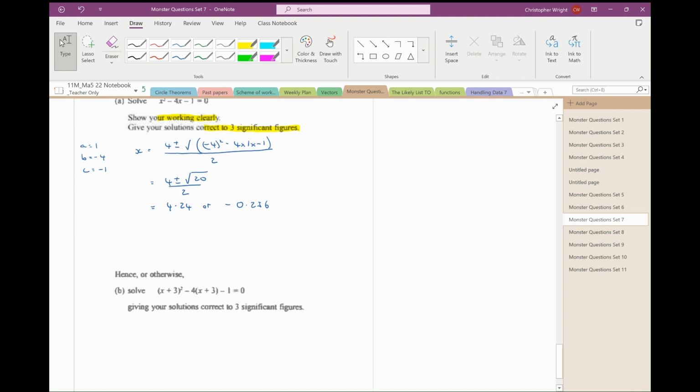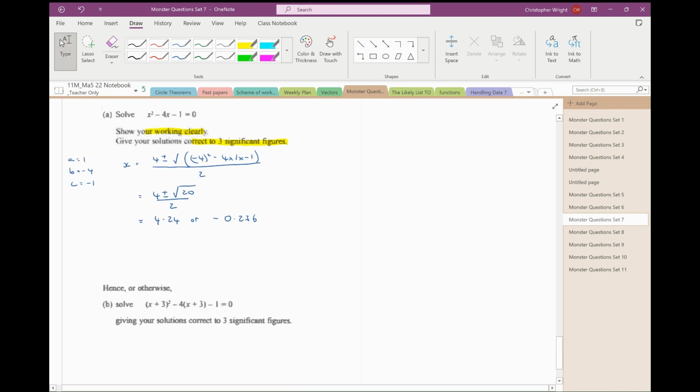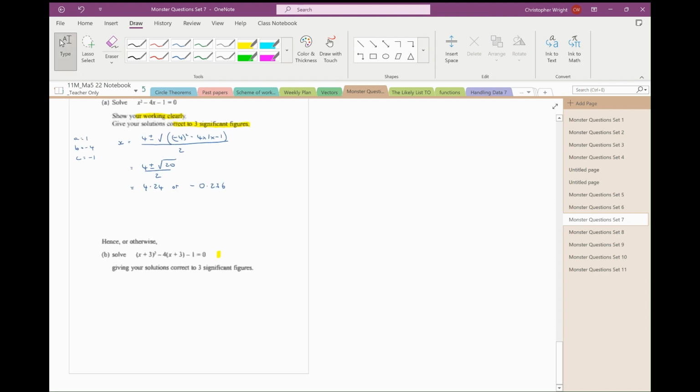Hence or otherwise, so probably hence, solve this equation. Well, if I look at the equation that they're asking me to solve, it looks identical to the one in section A, except that section A's x is equal to x plus 3 here.